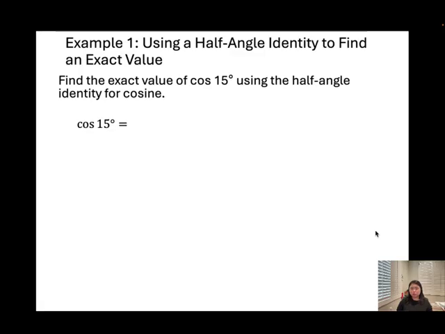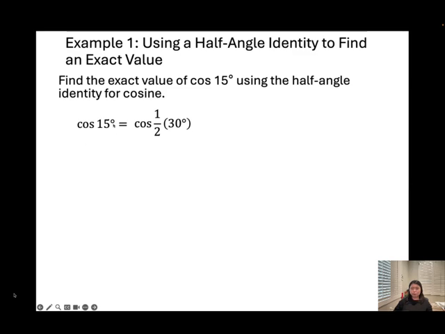When I multiply 15 degrees by 2, you get 30 degrees, and we know how to find cosine 30 degrees. So now we apply the half-angle identity. We can rewrite it as cosine of one half times 30 degrees. 30 degrees divided by 2 gives 15. So this is good. Now we plug into the formula.